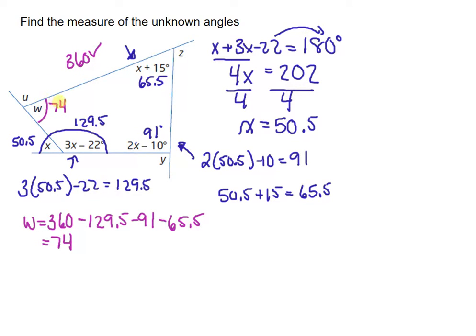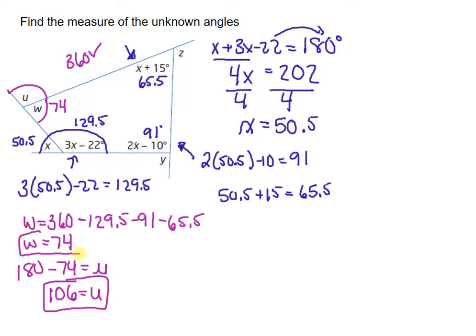Okay, and now all we have is the exterior angles. So U, let's do 180 minus 74 is going to equal U. So 180 minus 74, 106 equals U. This is our W. Okay, we have Z here.